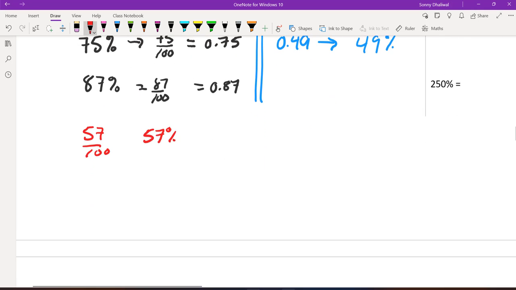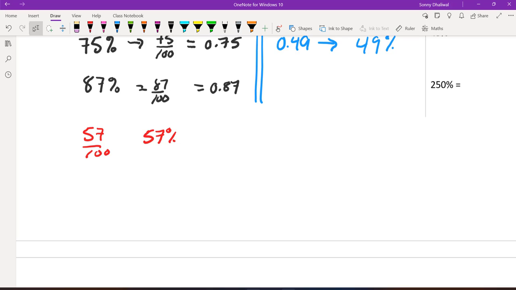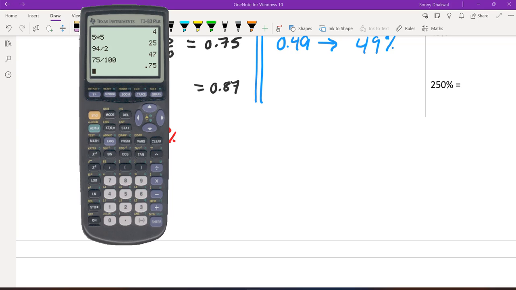But if it's not out of 100, say 6 out of 7, and you want that as a percentage, what can we do? 6 divided by 7 times 100. You convert this to a decimal. To convert things to a decimal, it's top number divided by bottom number. So we grab our calculator. 6 divided by 7 is 0.857.